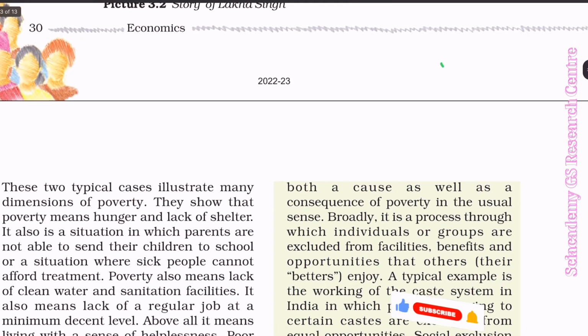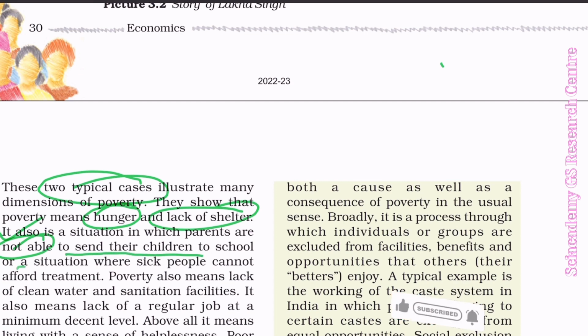These two typical cases illustrate many dimensions of poverty. They show that poverty means hunger, lack of shelter. It is a situation in which parents are not able to send their children to school, or a situation where sick people cannot afford treatment.